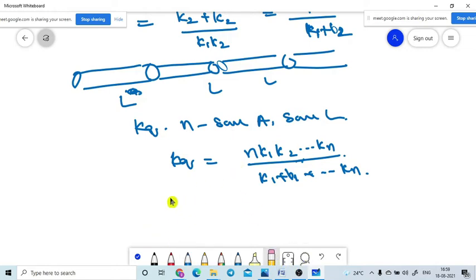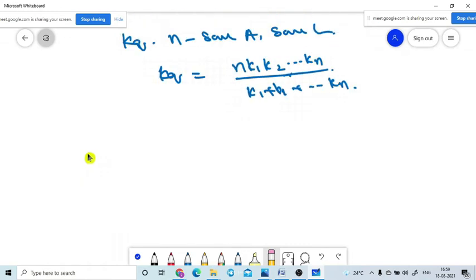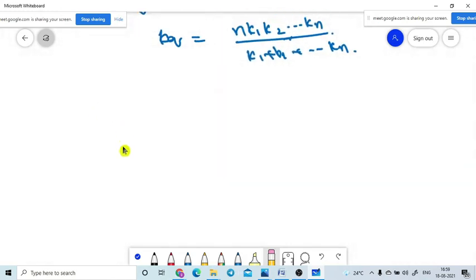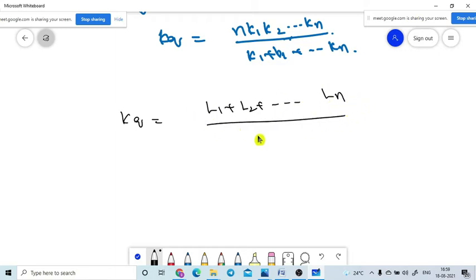So now we are going to another one. Let me do this above value. Once again I am showing what is the K equivalent I told you. K equivalent is equal to L1 plus L2 plus and so on Ln. Before I was using the small equation, now I am taking the expanded form.